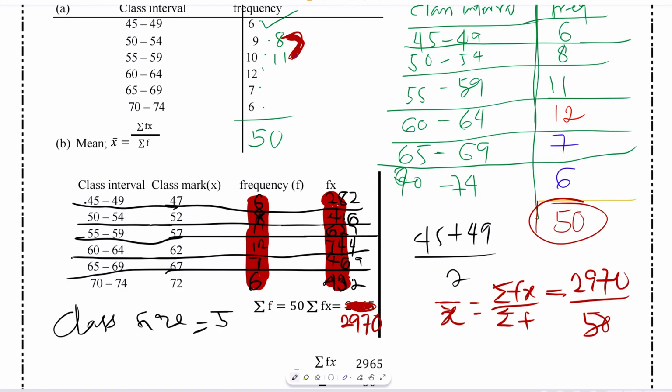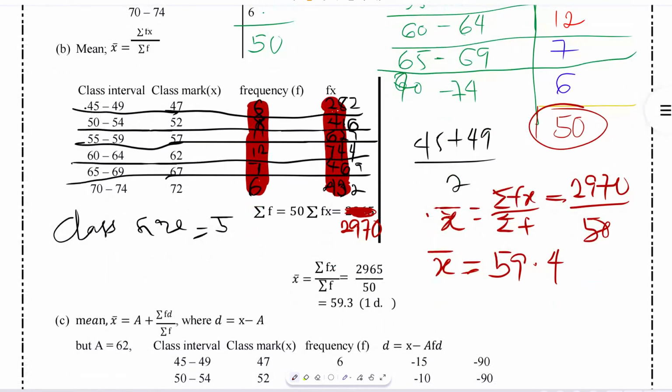So our x bar is equal to 59.4. You can see that the approximate value is still almost the same, 59.4, 59.3.